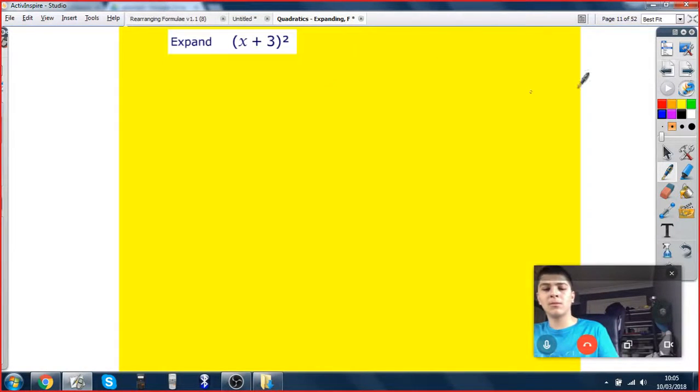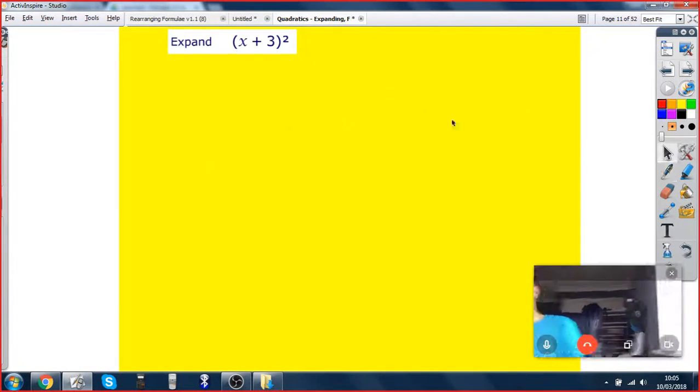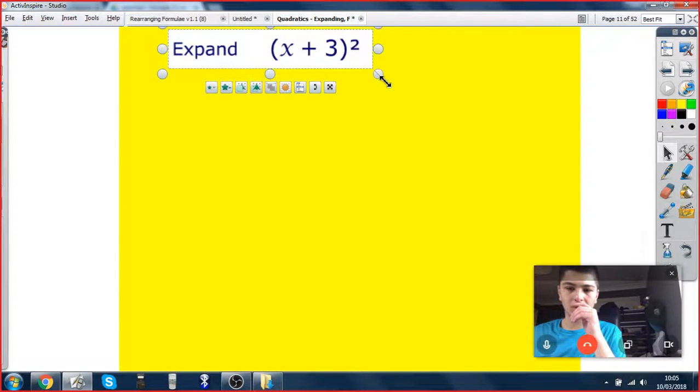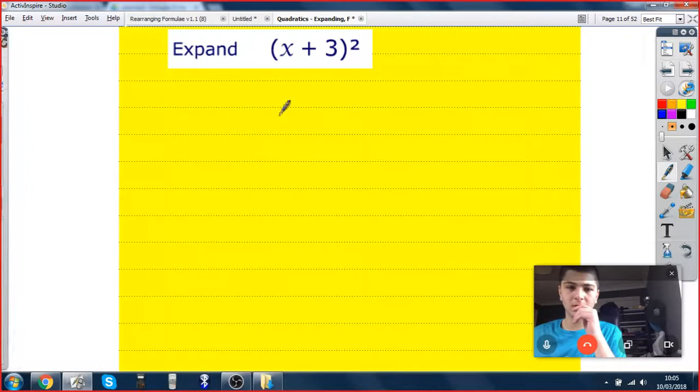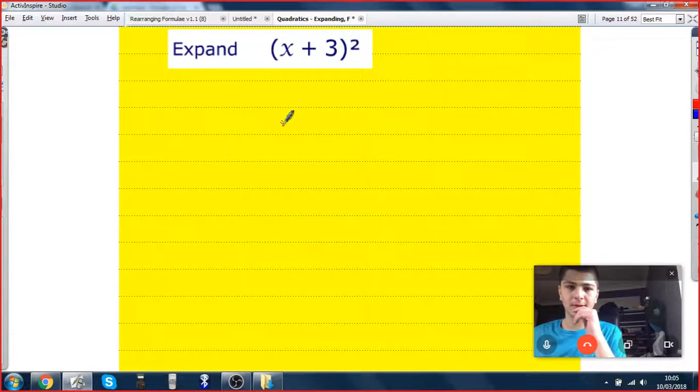How would you expand this? Would that be x squared plus 9? So what does squared mean? 2 of the same number.